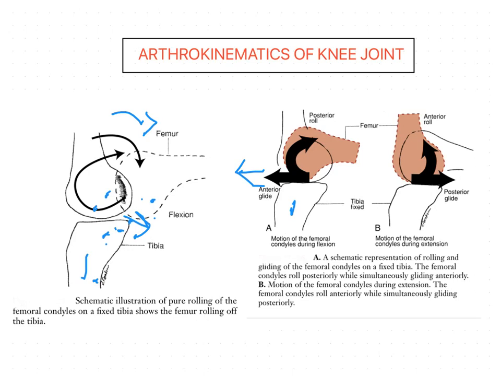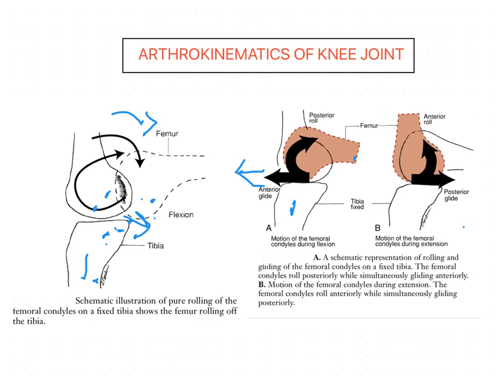In the case of extension, the same movement happens in the opposite way. From full flexion, if extension has to take place, the femoral condyle has to roll anteriorly simultaneously with posterior glide.